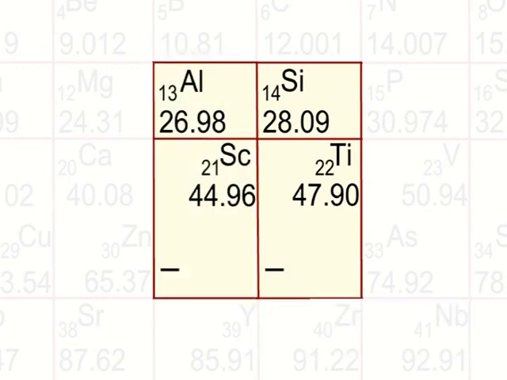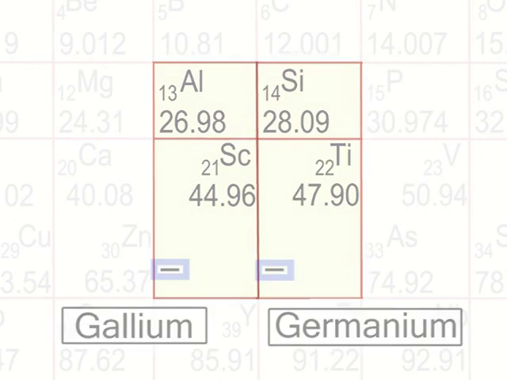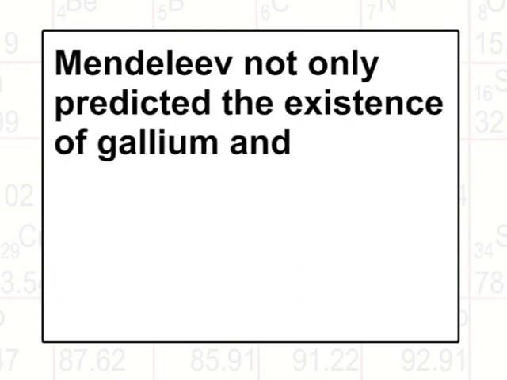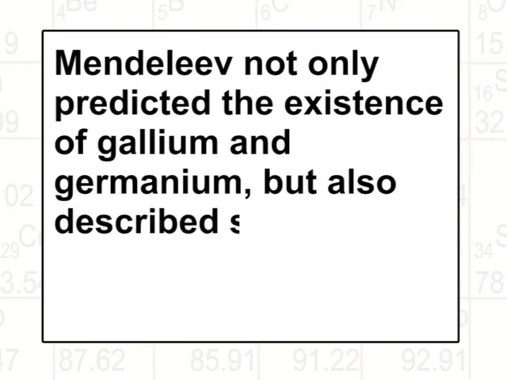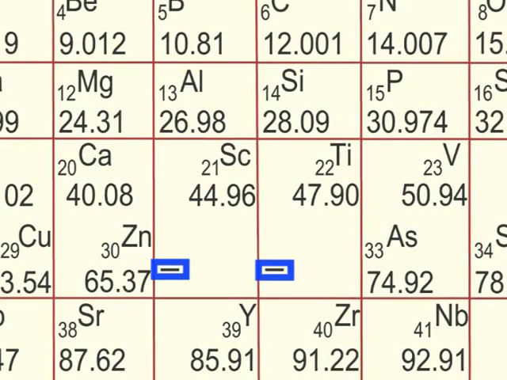These were later on named as gallium and germanium. Mendeleev not only predicted the existence of gallium and germanium, but also described some of their general physical properties. These elements were discovered later.